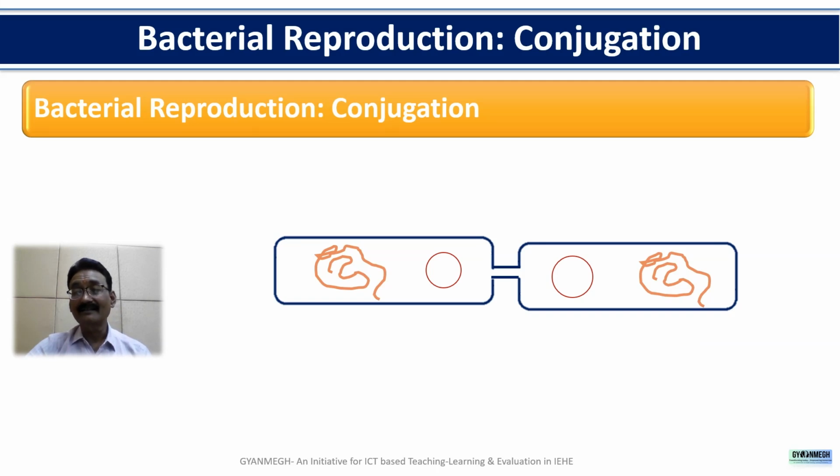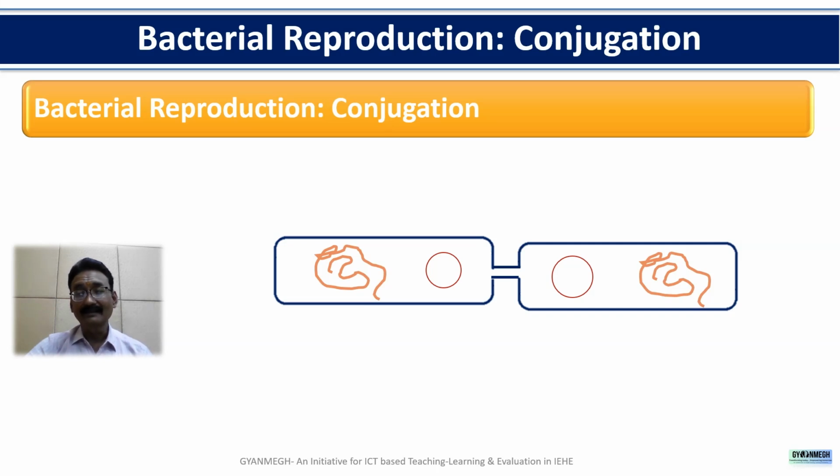In the recipient cell, the single-stranded DNA serves as a template for the synthesis of a complementary strand, forming a circular double-stranded DNA molecule. The F factor copy is transferred to the recipient cell while the original remains in the donor cell. Now there is episomal replication.